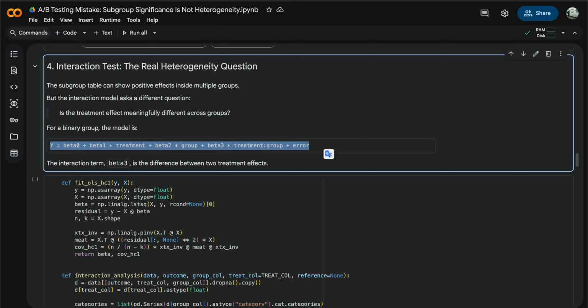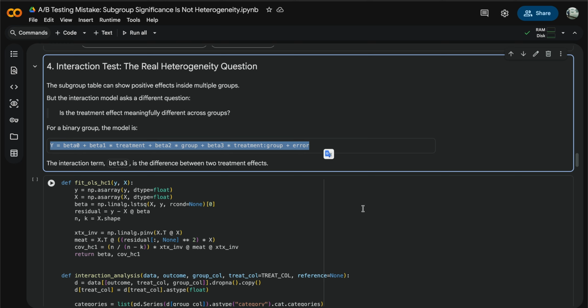It represents the difference between two treatment effects. So if one subgroup has a spend lift of $1 and another has a spend lift of 50 cents, the interaction is the difference between those two effects. And that is the real heterogeneity question.